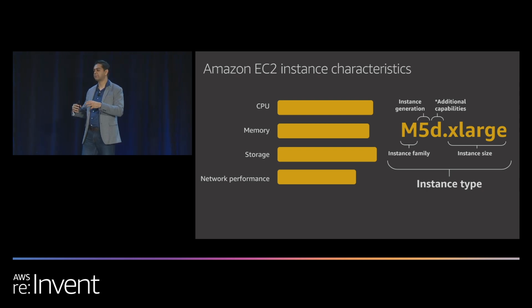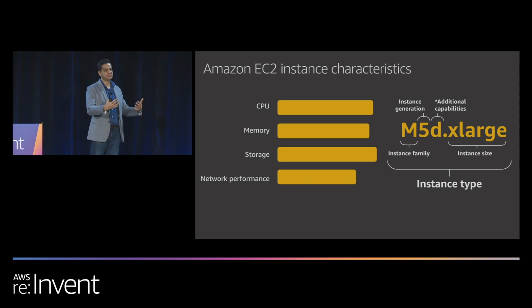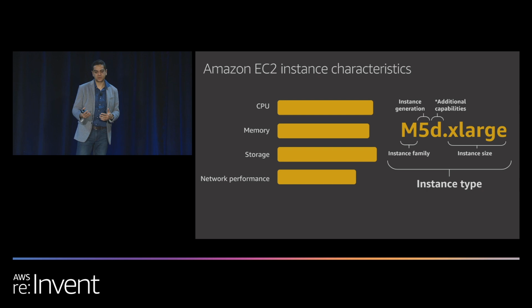The extra large represents a t-shirt size. It defines the amount of compute resources you have in an instance, and we scale up or down based on this t-shirt size. So for example, a 2 extra large, or 2XL as we call it, is going to have twice the resources as an extra large, but at the same ratio as what the extra large provided.